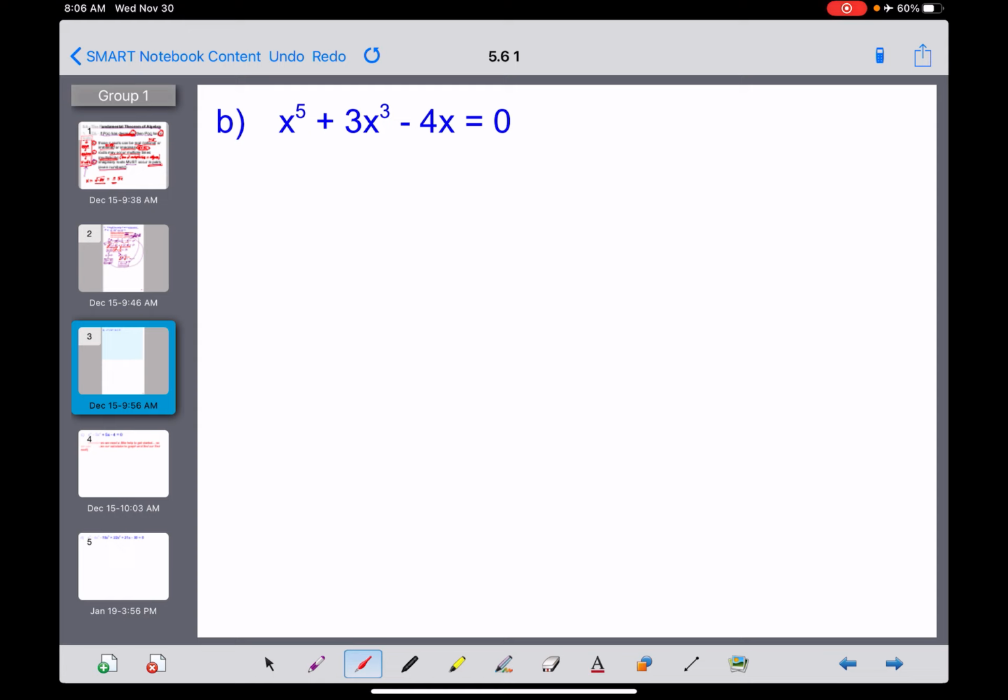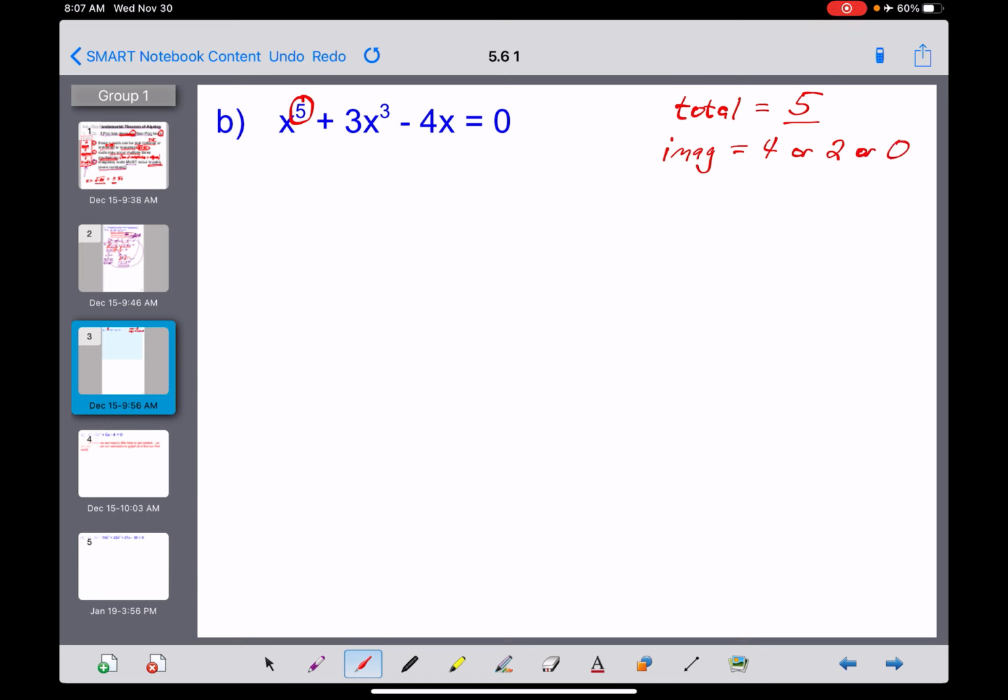Let's make a quick little checklist over the side, guys. How many total zeros should we be expecting? Whatever your degree is, that's how many total roots you should be finding. We should have 5 right there, okay? As far as the possible number of imaginary roots, remember, that has to be an even number less than or equal to 5. So that could be 4, or let me just keep going down by 2, could be 2, or it could be 0.